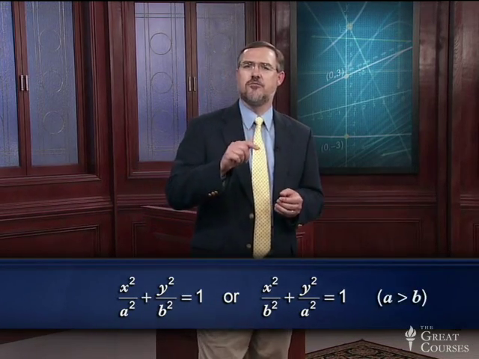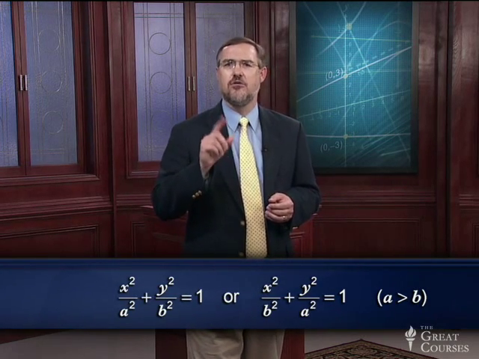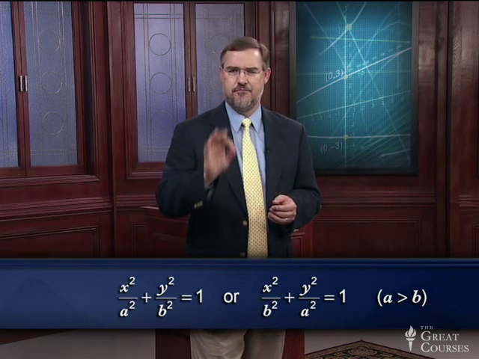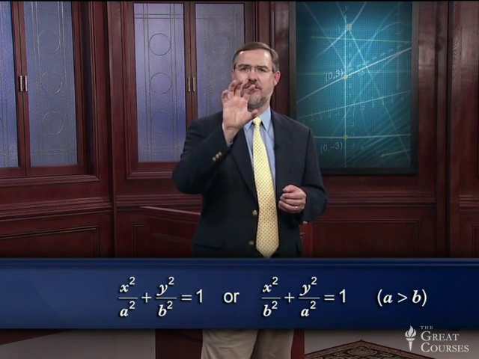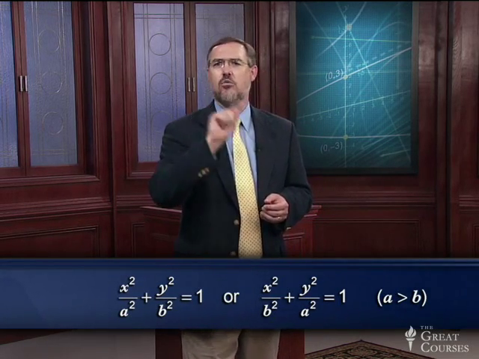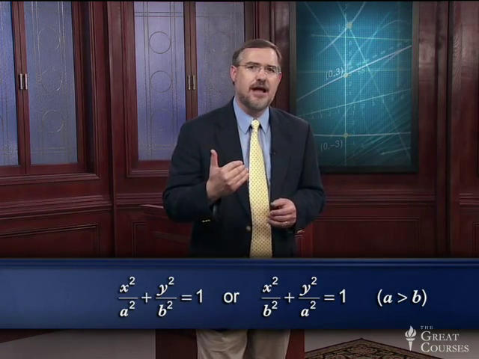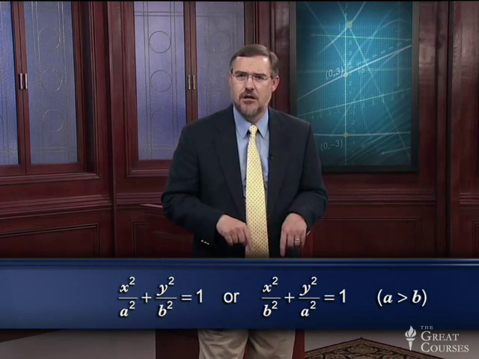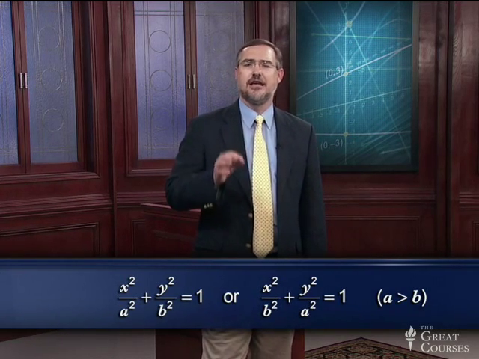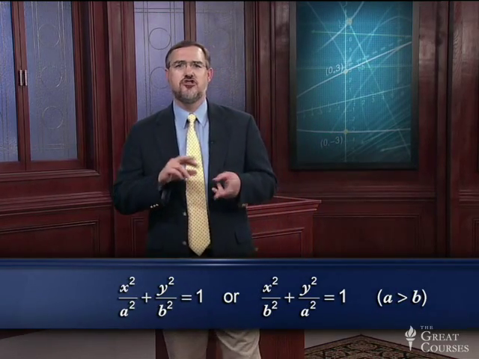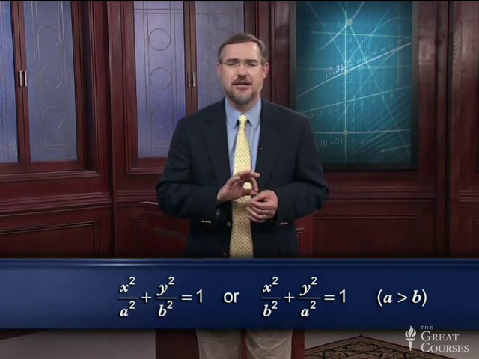And we're going to assume throughout this conversation that the value of a is always greater than the value of b. So when we look at the equation of an ellipse, a will always be bigger than b. Now I want to point out, neither a nor b can be 0, because then you're going to be getting division by 0. Okay, now the difference between these two equations is in those denominators.